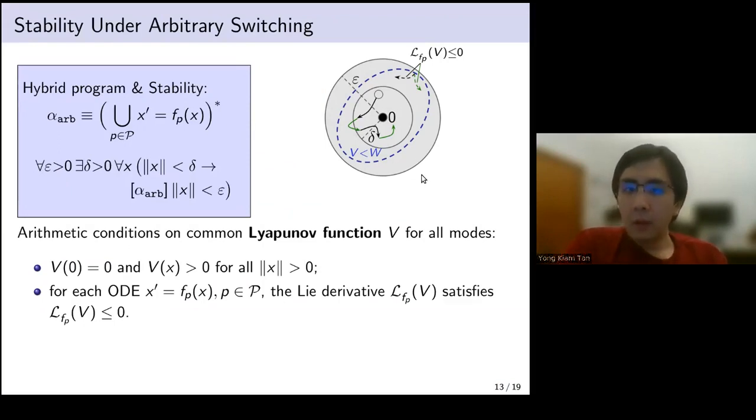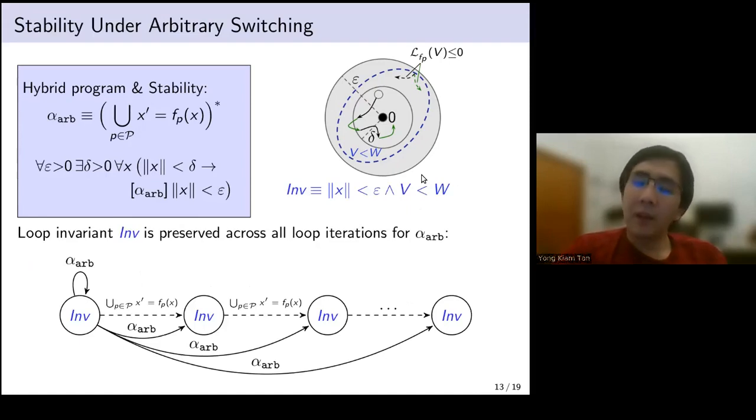Okay, now we can look at this from a different perspective, the verification perspective, using the idea of a loop invariant. Here's how a loop invariant works. Let's say we start from inside the delta ball. The delta ball is contained within this blue sublevel set of the Lyapunov function, v less than w.